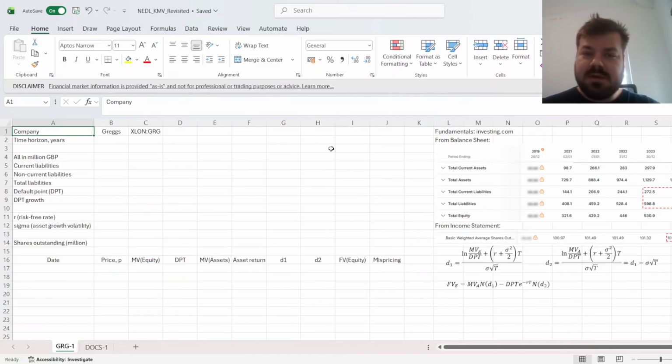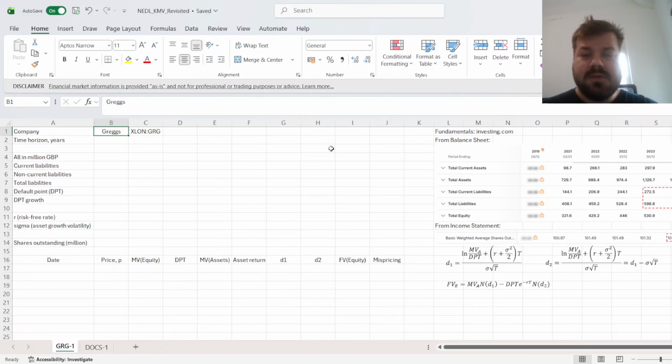Today we're going to discuss how to implement KMV in Excel from scratch, as well as some data sources that you can use to estimate KMV for a company of your choice with publicly available data alone. And the initial example that we're going to use is Greggs, a very famous, iconic, even UK company.